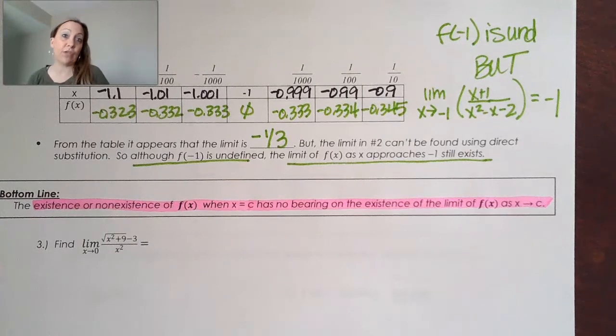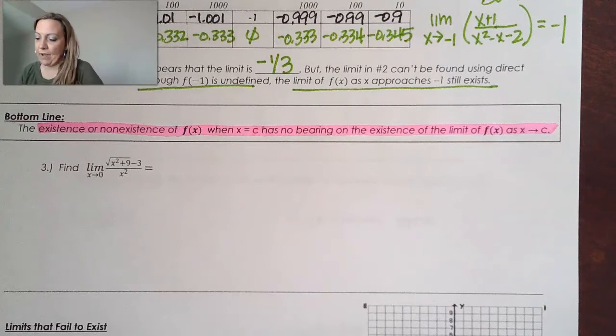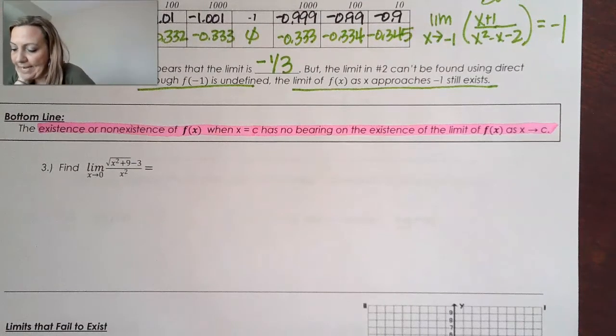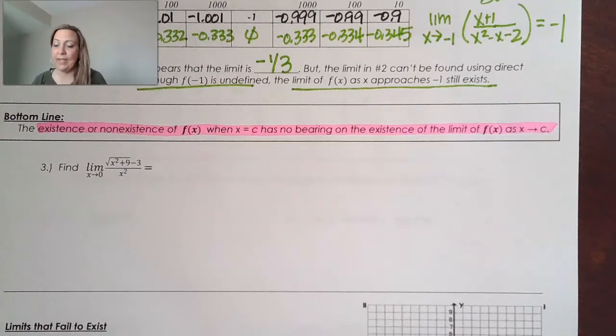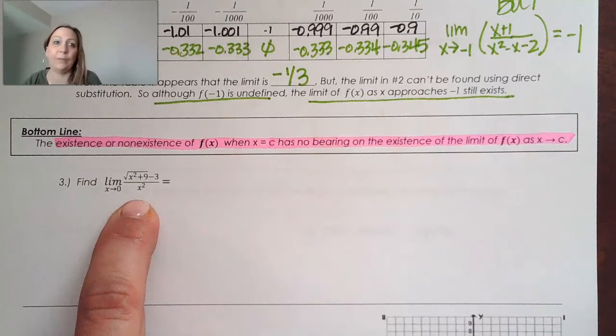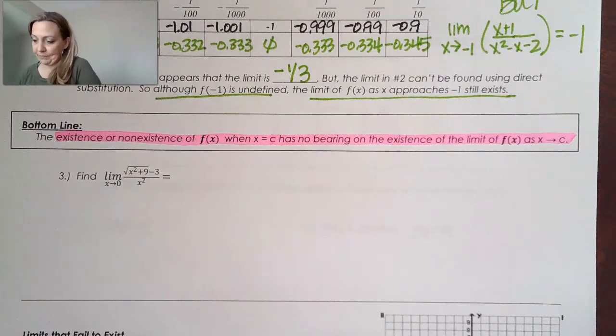At this point, we would have to go through this process. So find the limit of the square root of x squared plus 9 minus 3 over x squared as x approaches 0. If we tried direct substitution, meaning if we tried to substitute 0 in, we can see we'd get something that's undefined. So that means that we'll have to create a table of values.